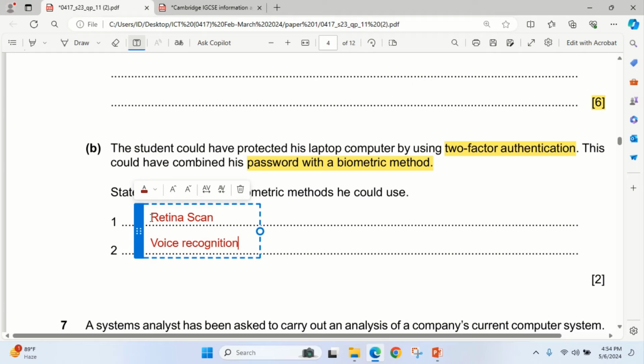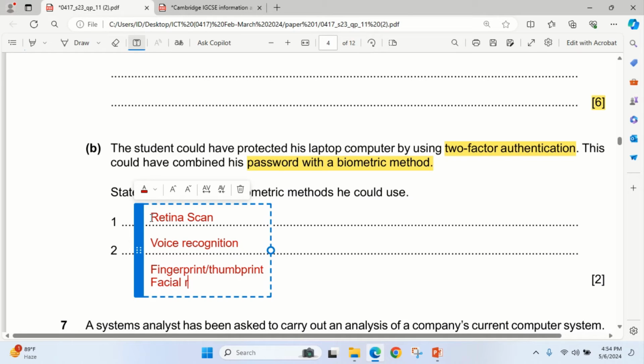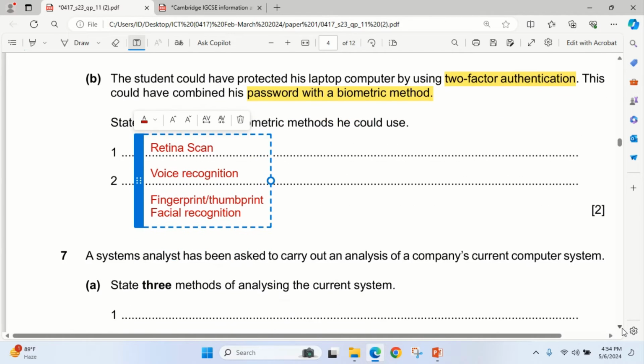These are valid points, 2 points there. You could also make use of maybe fingerprint or thumbprint, as the case may be. Or maybe facial recognition. So any 2 here will earn you the full mark. Very simple question there.